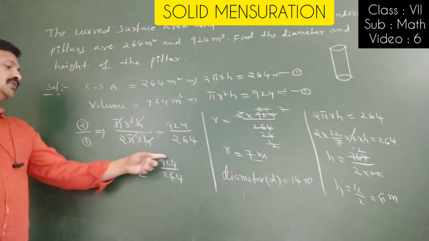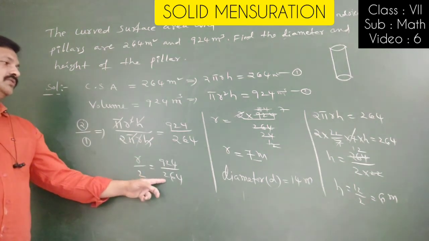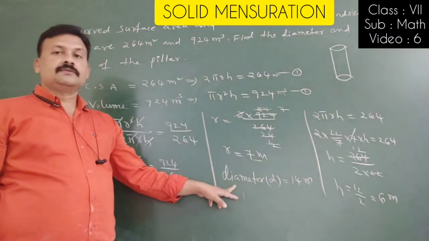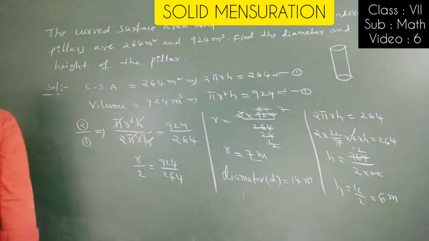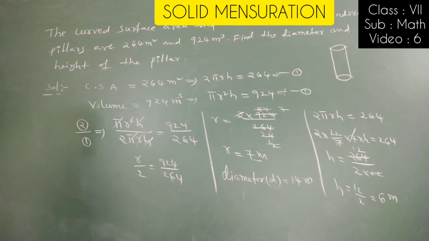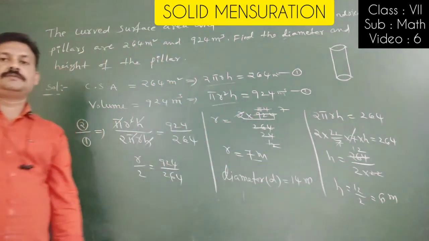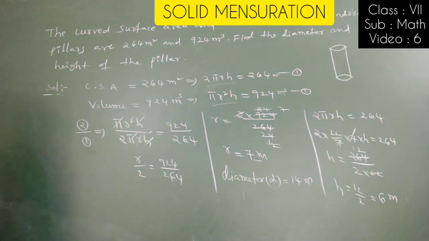If you send 2 to that side, 2 into 924 by 264, then r equal to 7, diameter is 7 into 2, 14. And we require h also, with the help of the first equation or second equation, your wish, because we know the value of r. Automatically we can find the remaining one. That is h equal to 6 meters. Now the next one.